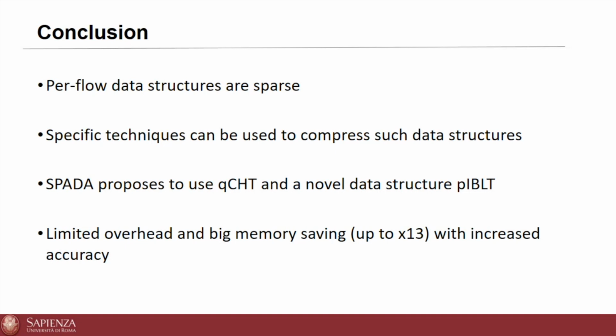With SPADA, we propose to use 2 data structures, this CoCoH table and this novel data structure called PIBLT. With a limited overhead, we end up with a huge memory saving, and also in the case of SPADA elastic sketch we increase the accuracy of the estimation task.